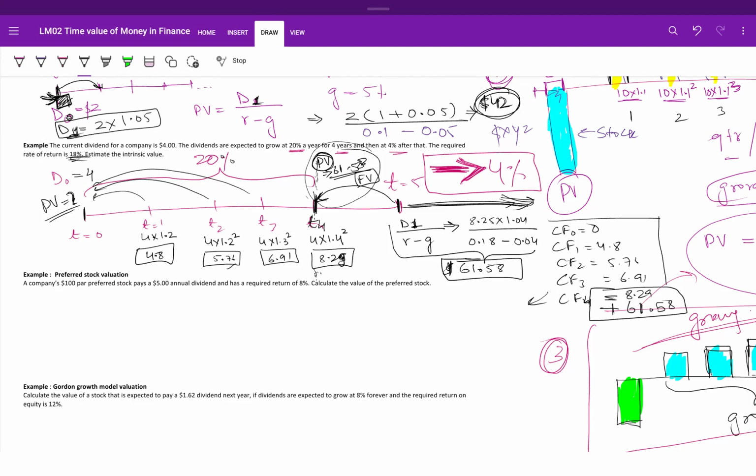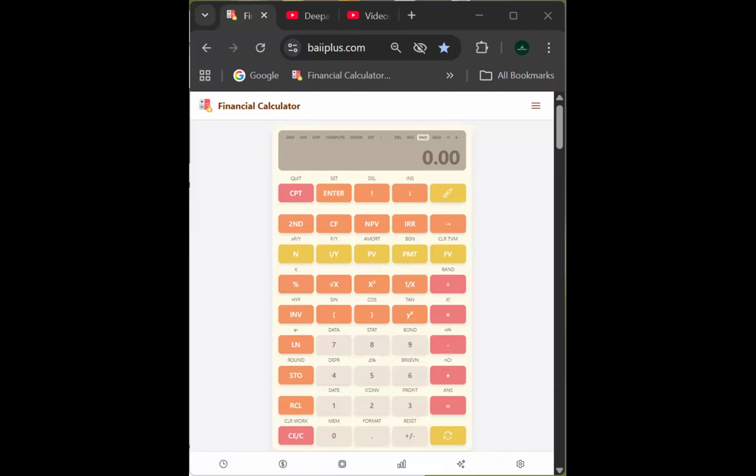So let me plug these numbers quickly into my calculator now. I hope you remember how we used to calculate cash flows. Let me clear first. Second, clear. We click on the CF0 function. So CF0 is 0. Enter. Second, we press the down key, 4.8. We enter. Frequency we do not change. 5.76, and we enter.